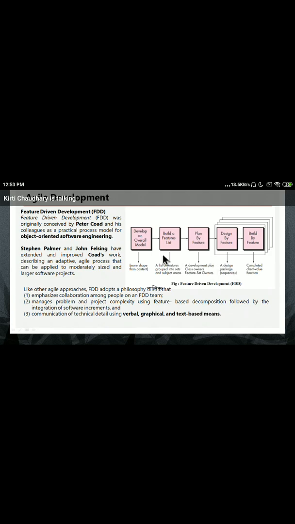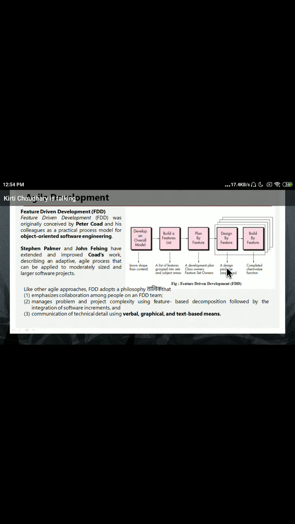Now, what does it contain? Develop an overall model, more shape than content. Build a feature list, that is, a list of features grouped into sets and subject areas. You have to think about your features.